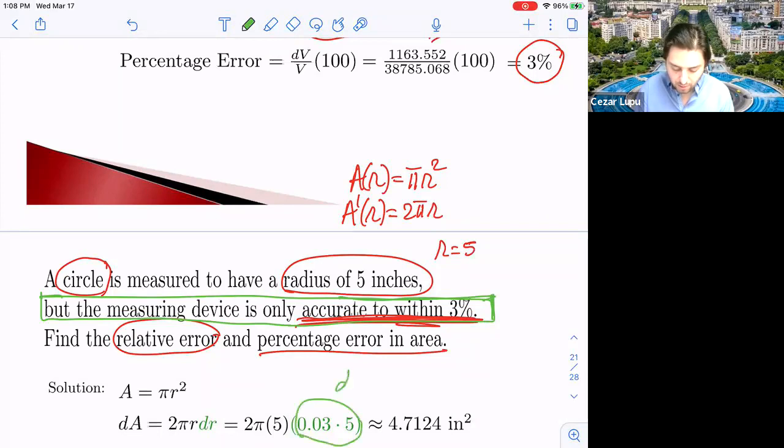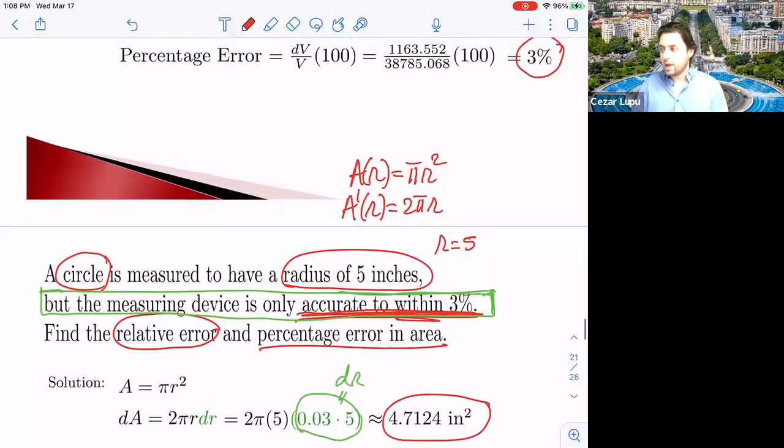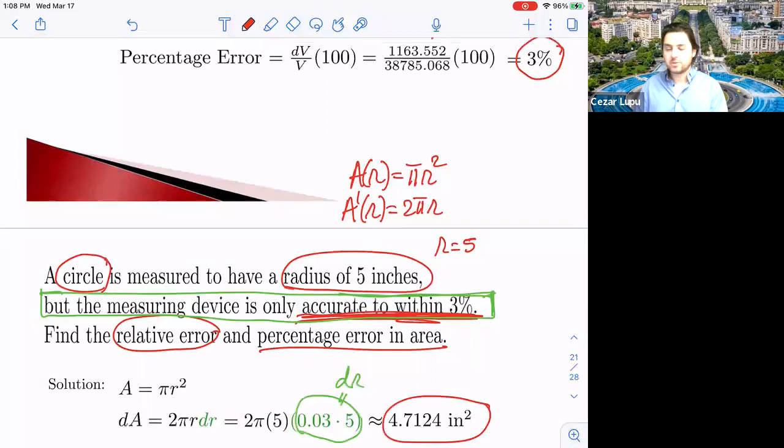And once you multiply these two, it will give you this number here. It's approximately 4.7124 inches squared.